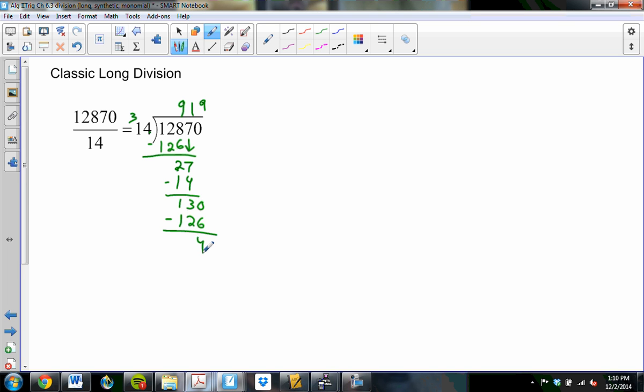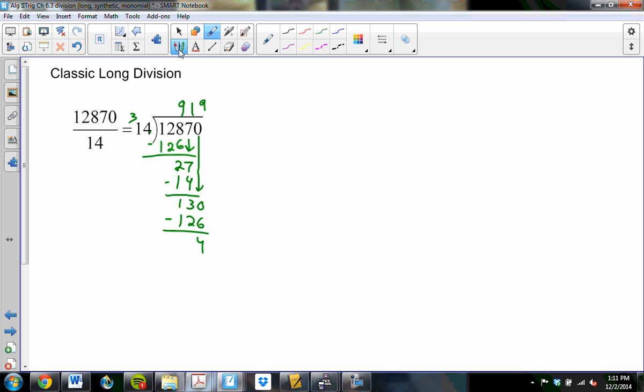Now at this point, we could do a point 0 and drop down another 0. Here I dropped down this 0 before. I could do a point 0 and drop down another 0 here and start doing a decimal and put a decimal up here if I wanted to. But I'm going to talk about remainders now. We haven't actually done remainders in a long time. We've probably done remainders since grade school.